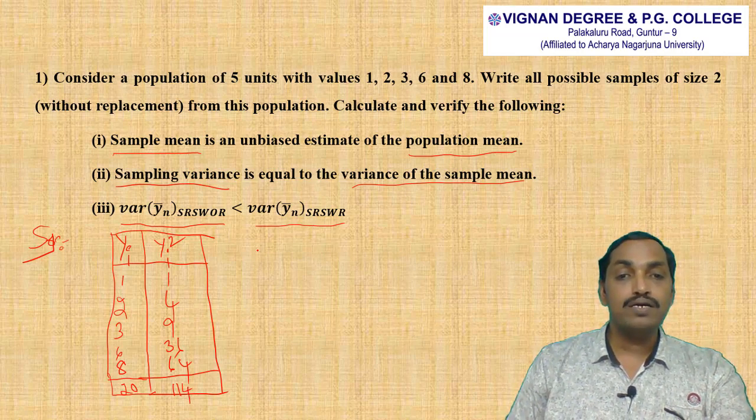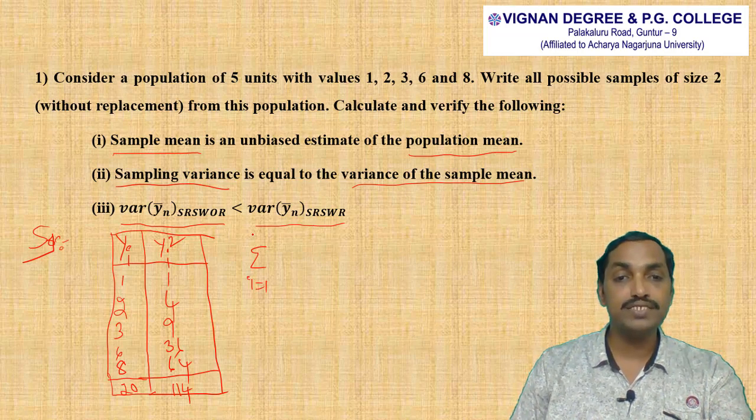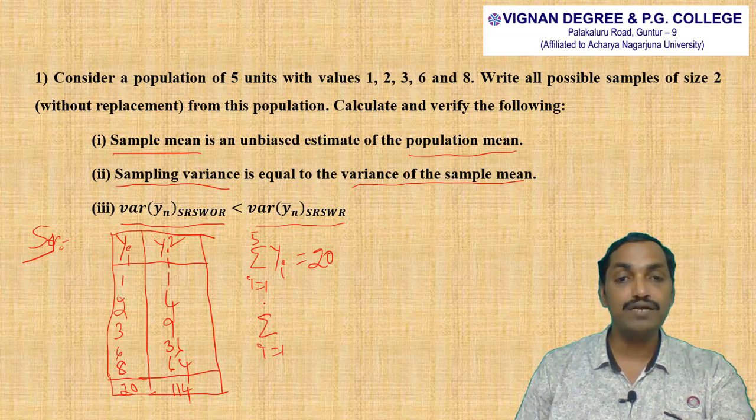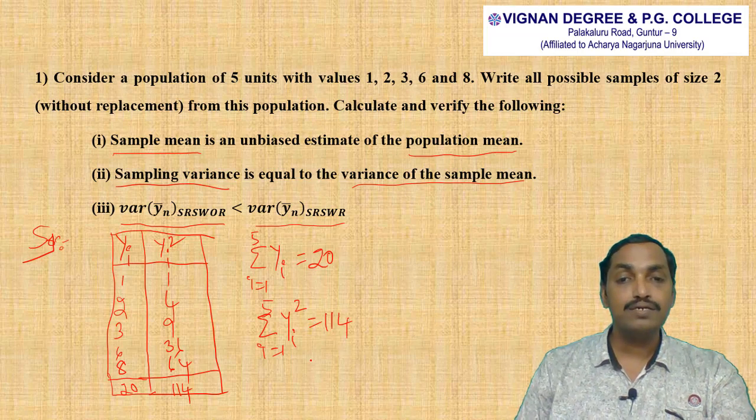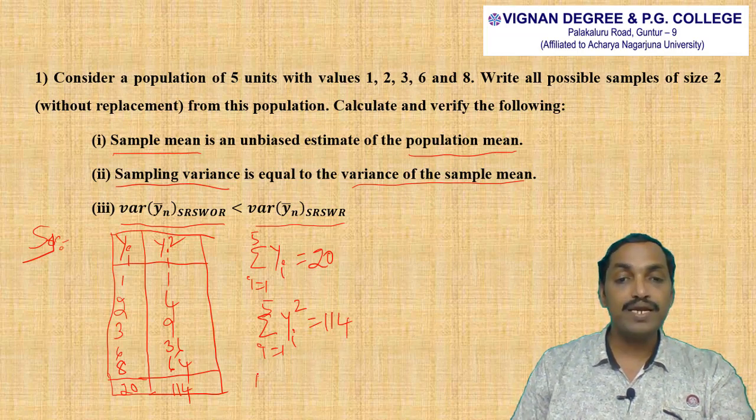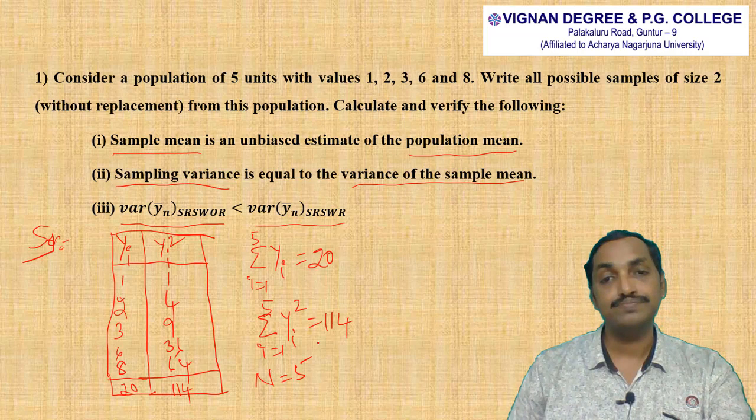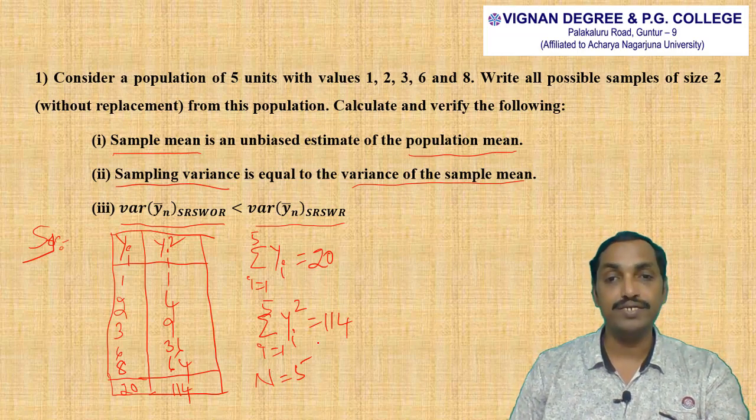So here we got till now summation i equal to 1 to 5 yi, that is 20, and summation i equal to 1 to 5 yi square is equal to 114. Also, capital N is equal to 5 here. Population size is 5 here.